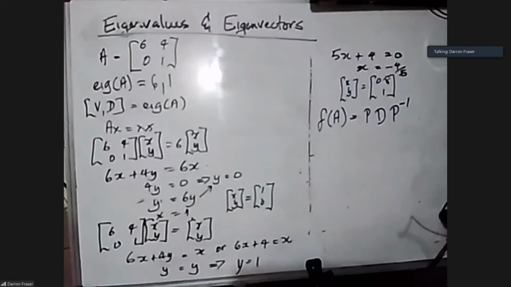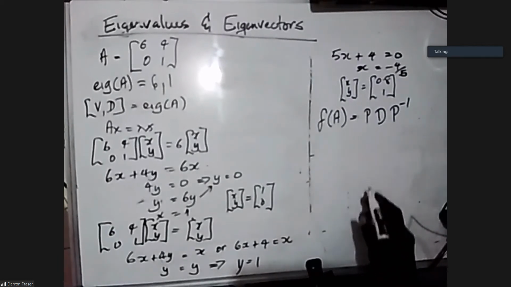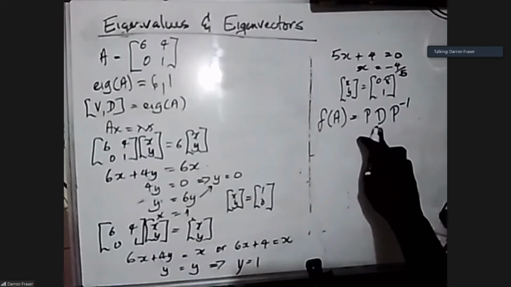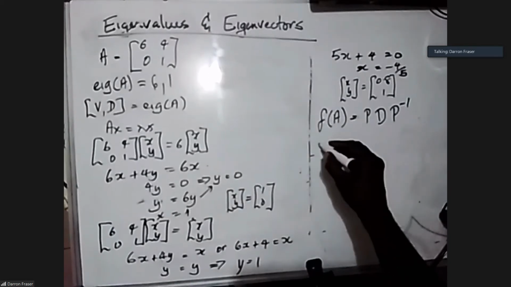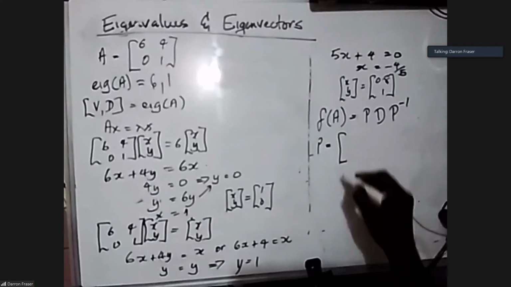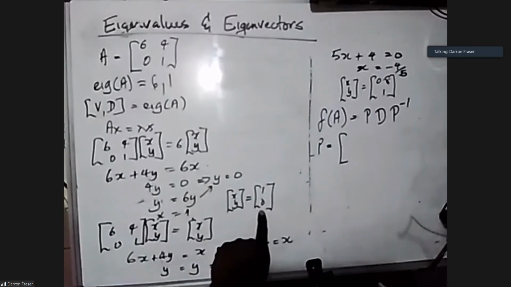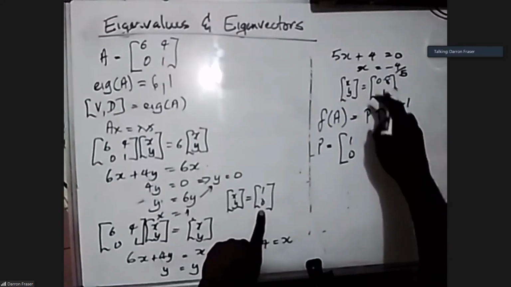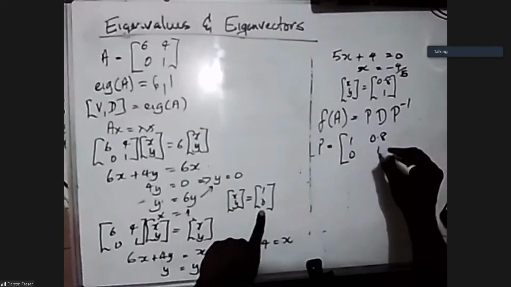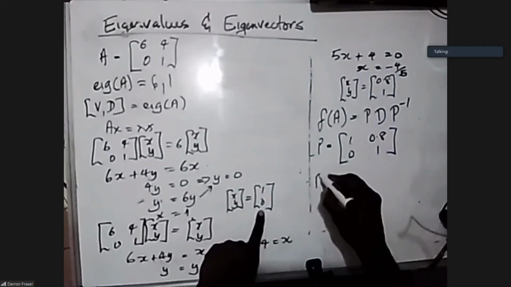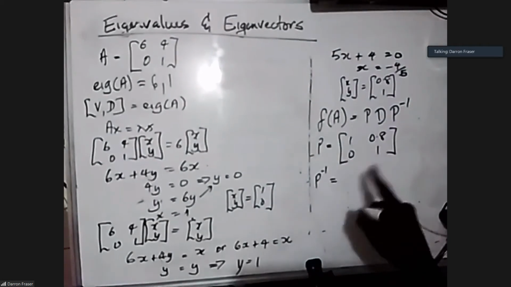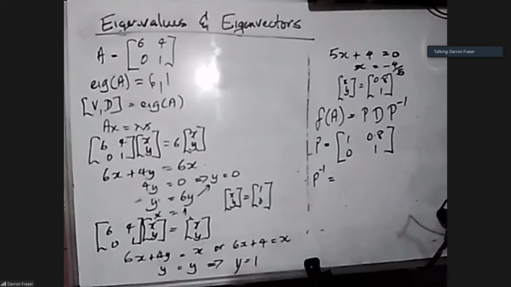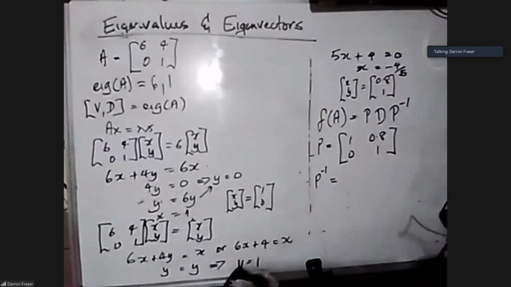Let us talk about the diagonal. Well, first of all, let's talk about P. P is easy. P is made of the two eigenvectors. The one eigenvector is 1, 0, and the next eigenvector is negative 0.8, 1. P inverse is the inverse of that, so we're using MATLAB to find the inverse.